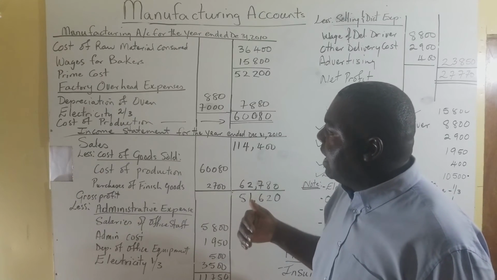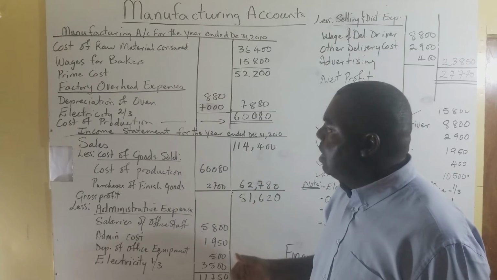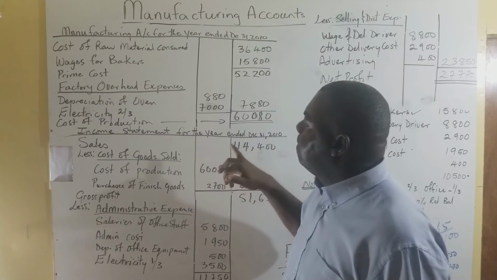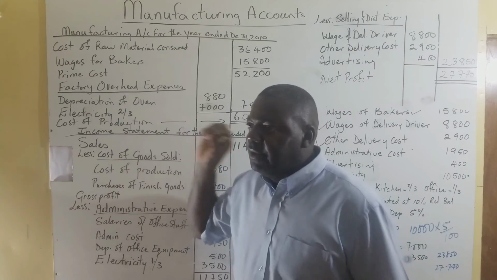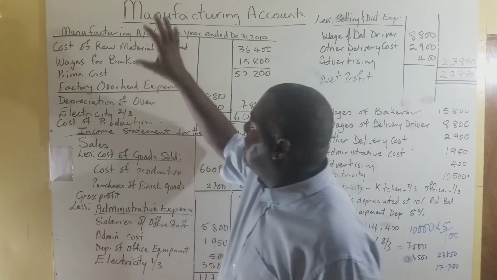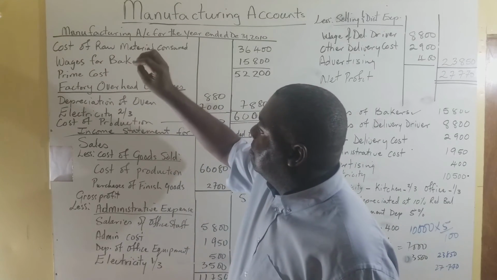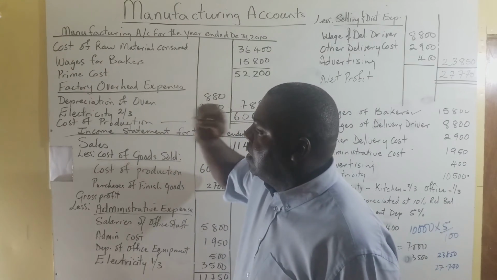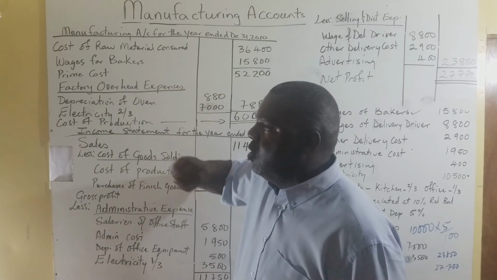The other point I'd like to put to you in my summary is the work in progress. So the three elements must be factored: the direct prime cost, then indirect or factory overhead, then work in progress.